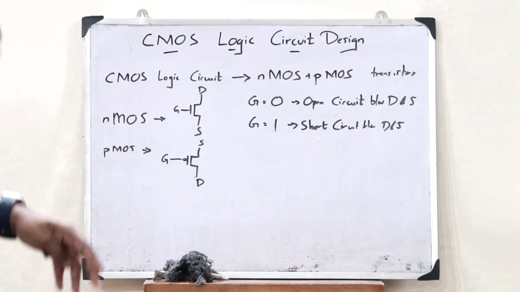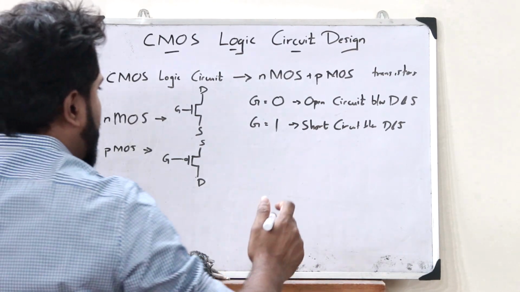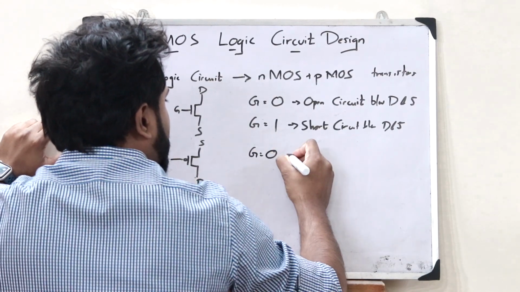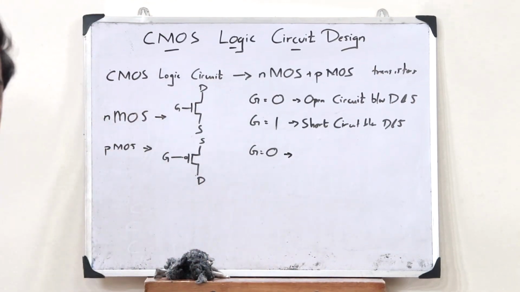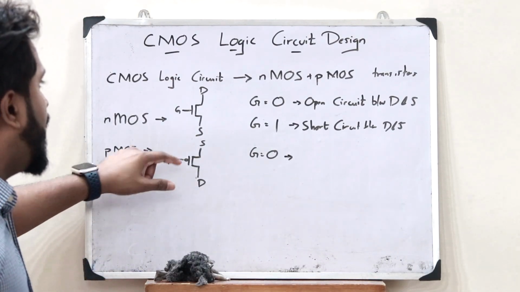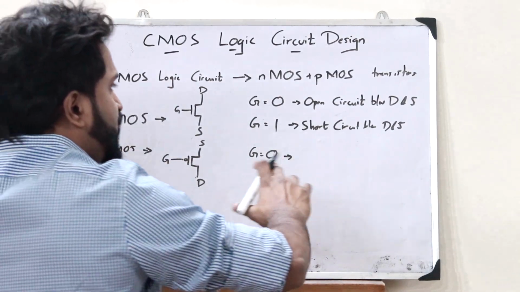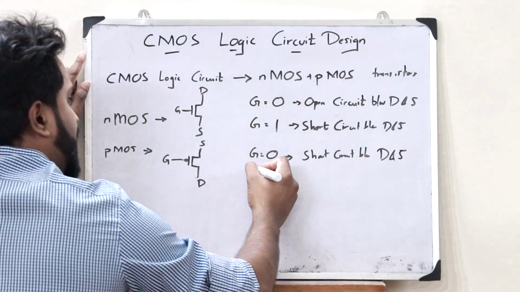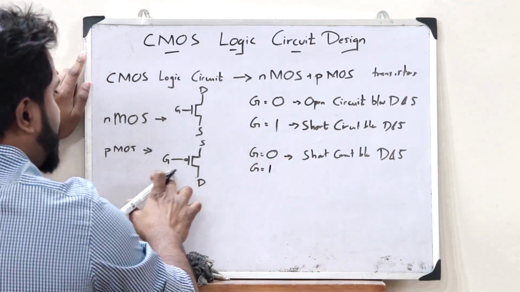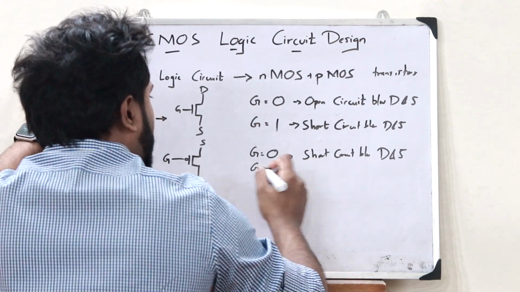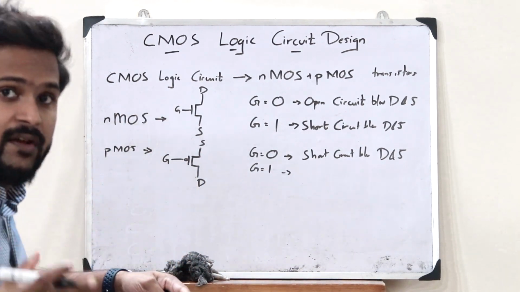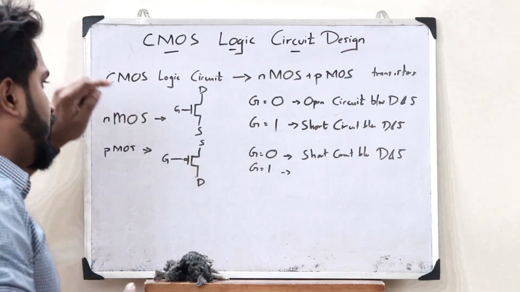In the case of a PMOS transistor, when we give 0 at the gate, this particular switch is in the on condition, and therefore it is short circuited between the drain and the source. And when we give 1 at this gate terminal, this switch is in the off condition, and therefore it becomes open circuited between the drain and the source.